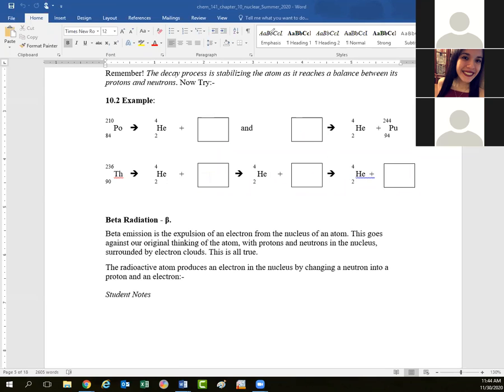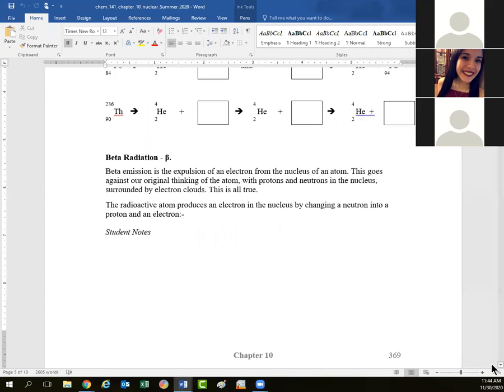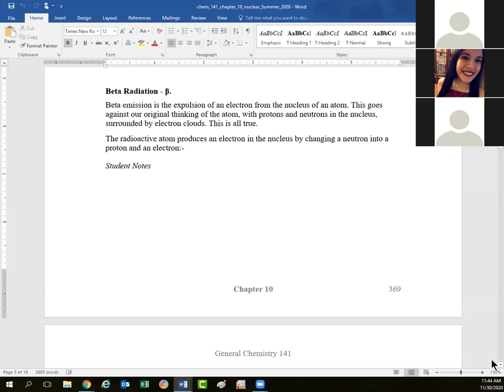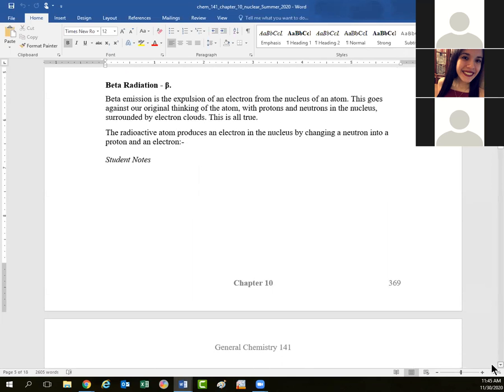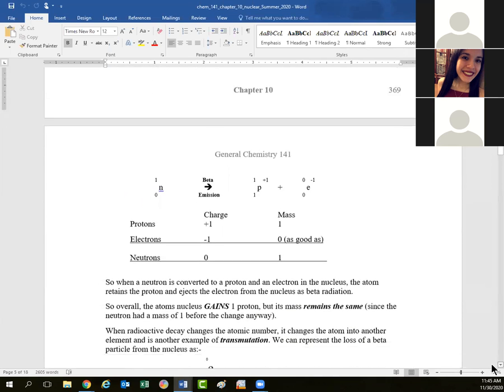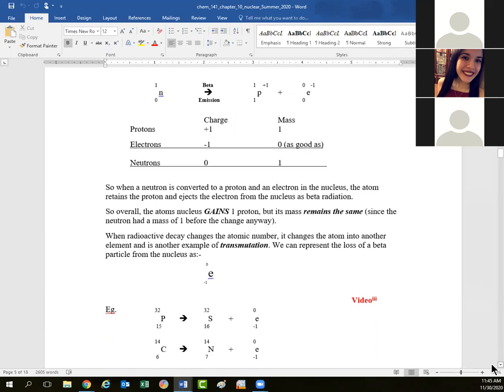So beta radiation is also a form of radiation which causes a change in the identity of the element, what we sometimes refer to as transmutation. And so with beta radiation, we're getting a stream of electrons being ejected from the nucleus. That doesn't seem possible, I hear you cry, because we don't store electrons in the nucleus.